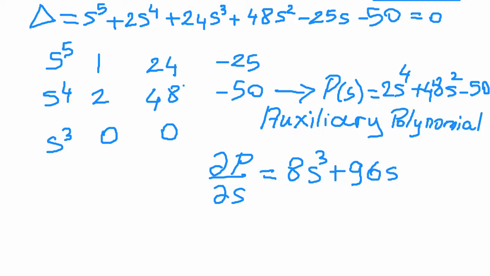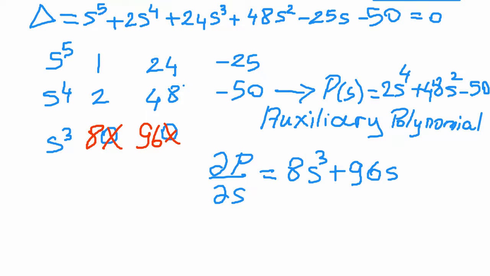So instead of that one, you replace it with this one. I continue with red. You put 8 here, and instead of that one, you put 96 over here. So instead of the zeros, you write that one.